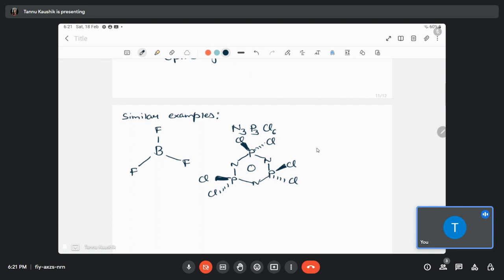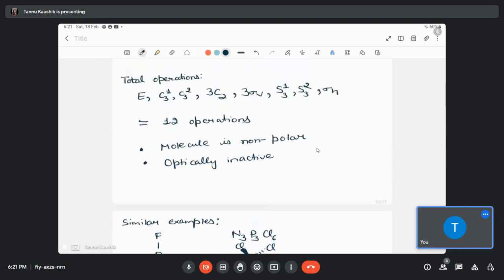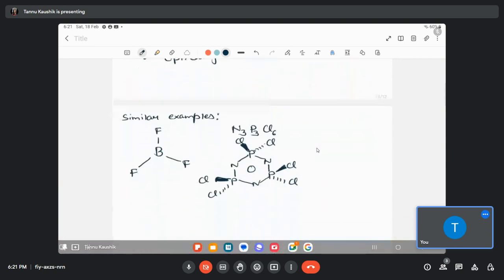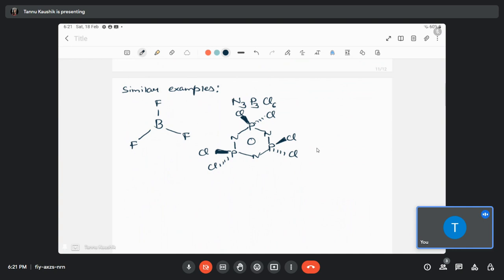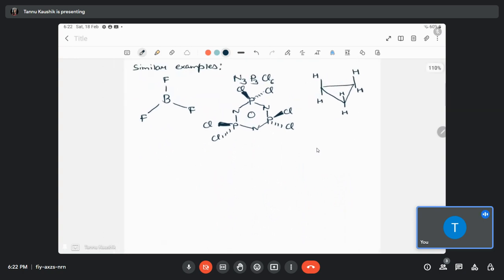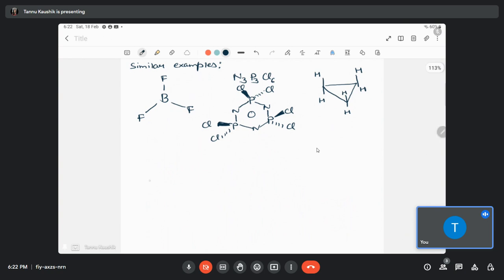Like you can follow the flow chart. It will have D3H point group. I've shown a similar example here. Also, you can check it in this molecule. So these molecules have D3H point group. One more example is bicyclo[1.1.1]pentane.